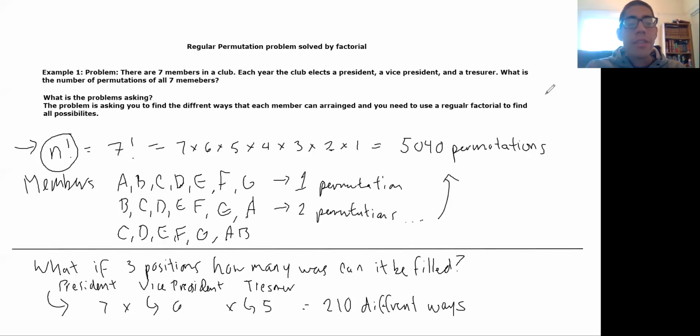If you want to find out how many different ways these 3 positions can be filled with different people, we multiply 7 times 6 times 5, and that gives us 210 different ways.